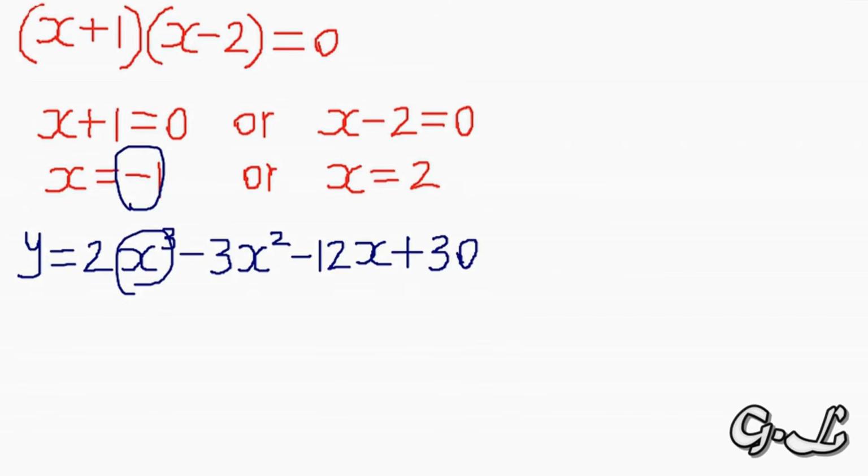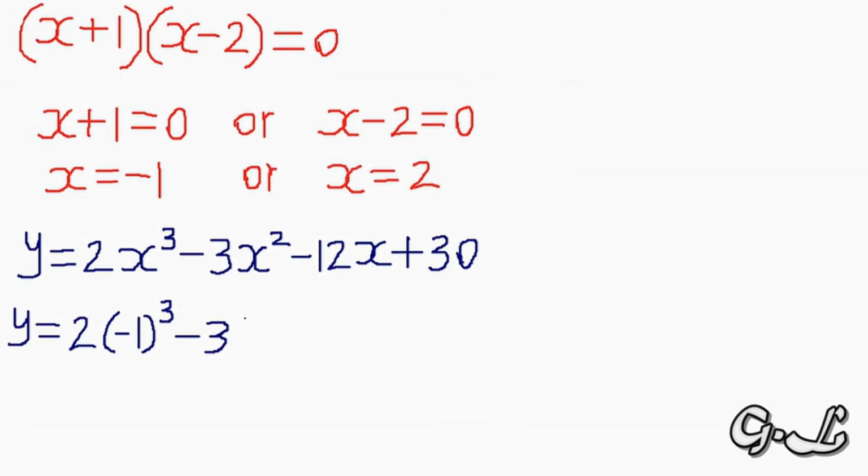After you get that equation, the next thing we have to do is replace wherever there is x with the value of x which you have found. We're going to start with -1. Wherever there is x, you have to replace with -1.